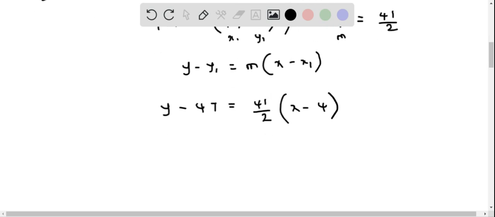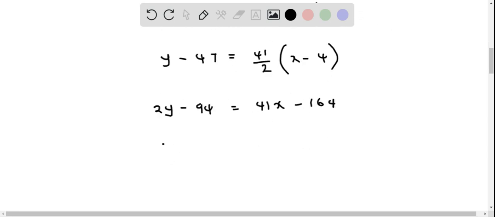So first we multiply by 2 on both sides. So we get 2y minus 47 times 2, that equals 94. And this equals, now we distribute this 41. So it will be 41x minus 41 times 4, which is 164, so negative 164.